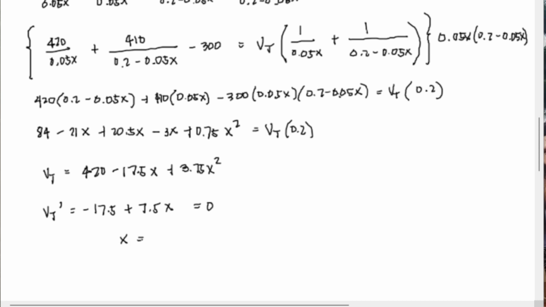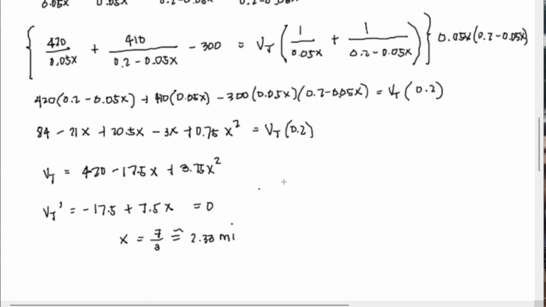Kuha nating x dyan is 7/3 or approximately 2.33. That is in miles.